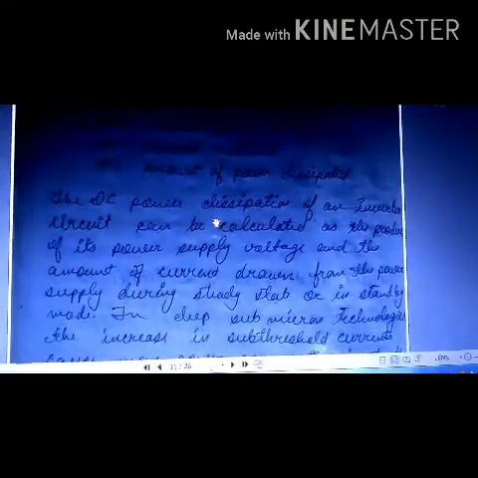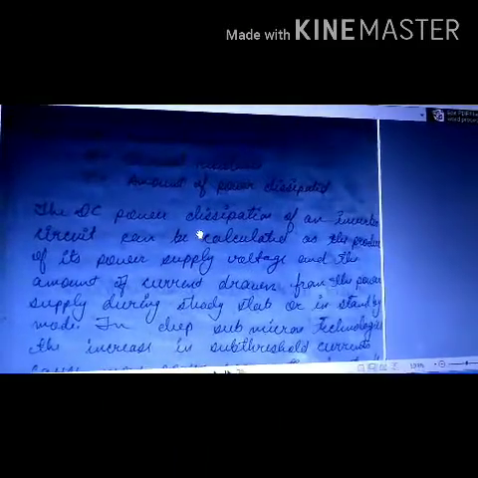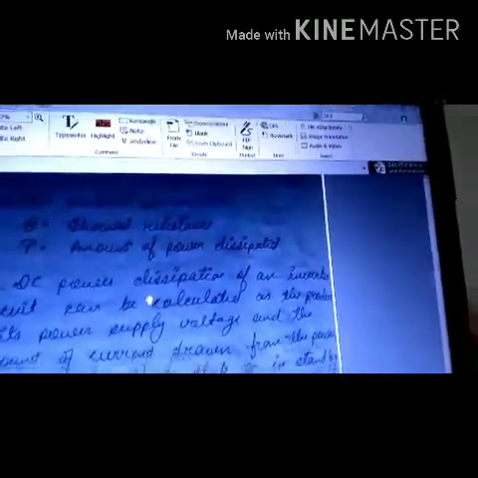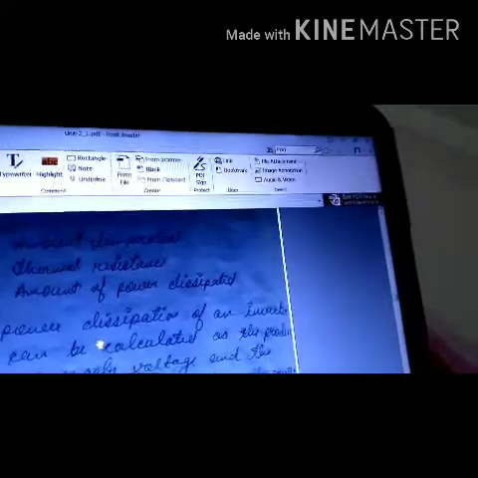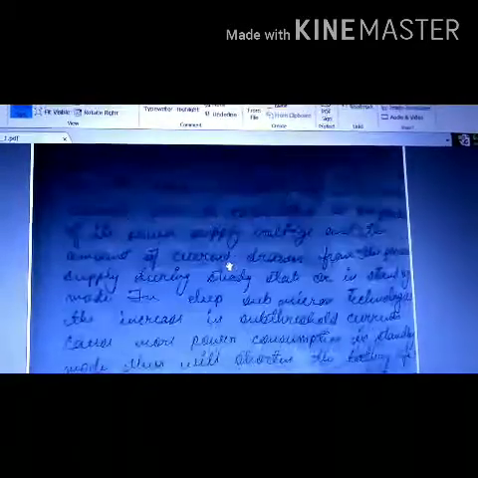So the DC power dissipation of an inverter circuit can be calculated as the product of its power supply voltage and the amount of current, that is, power P. For the calculation of power, the simple V into I formula has been put up here, or the relation between V and I can be looked up. You know, I squared R is also a formula for power. If you convert it properly, you will get the proper formula for power.